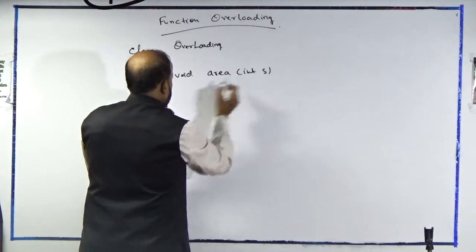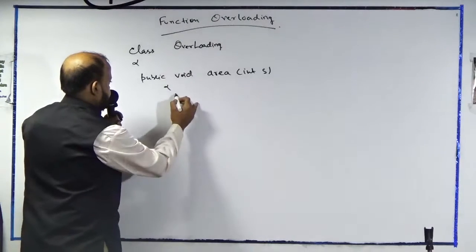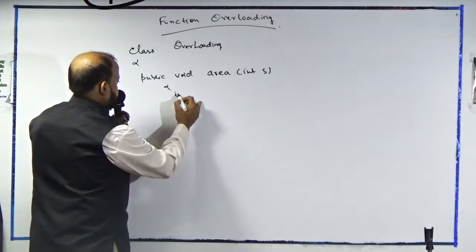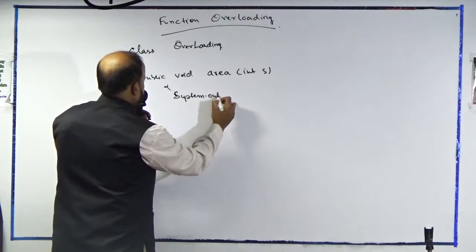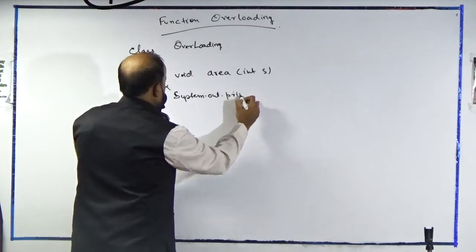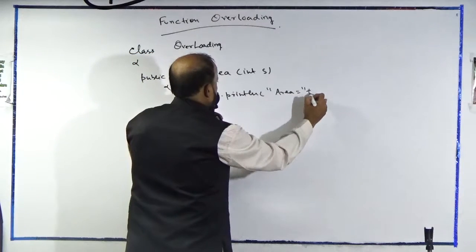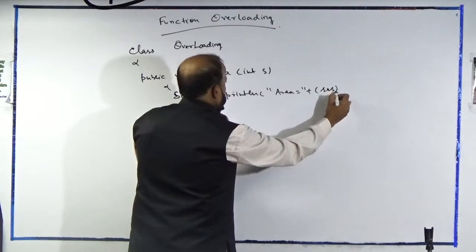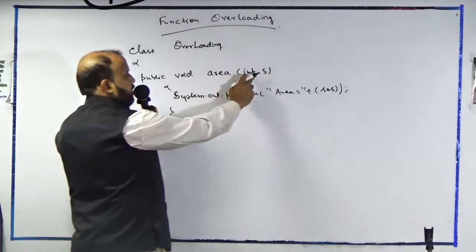The first one I am writing to calculate the area of a square. Now, public void area, I have taken one argument.